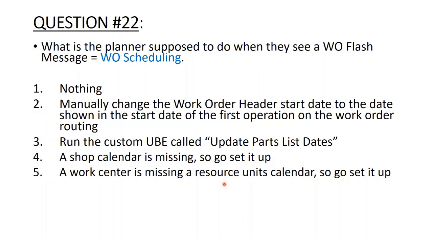What is the planner supposed to do when they see a work order flash message that is equal to work order scheduling?